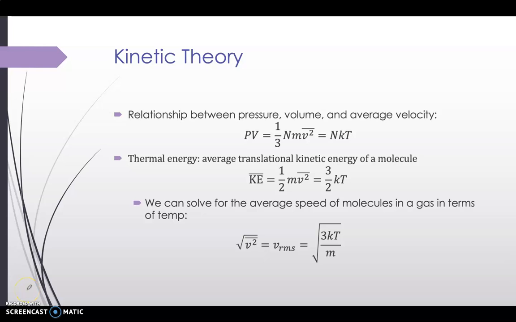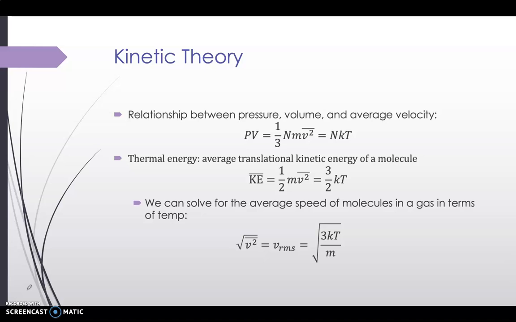All right, so we're going to continue our discussion and move on to kinetic theory. What we want to know is the relationship between pressure, volume, and an average velocity. Through that relationship, we can then find a relationship with the kinetic energy of a molecule.